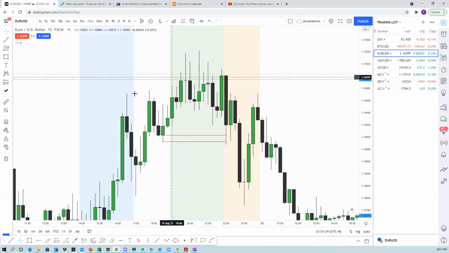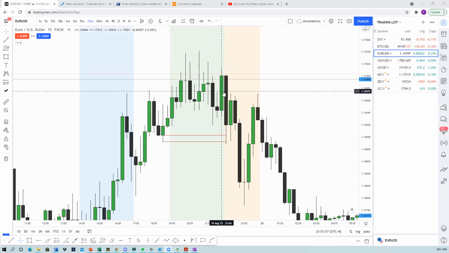To what? Someone? Is it A? Is it B? Is it C? It is, drum roll, it is C. Consequent encroachment of C. Remember, when the order block is too big, we go for the midpoint and above, right?